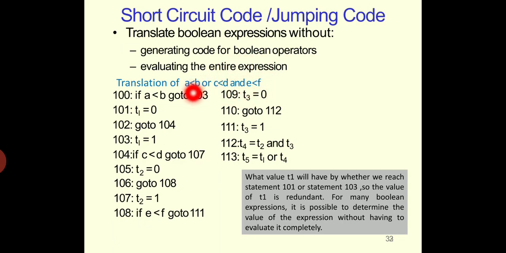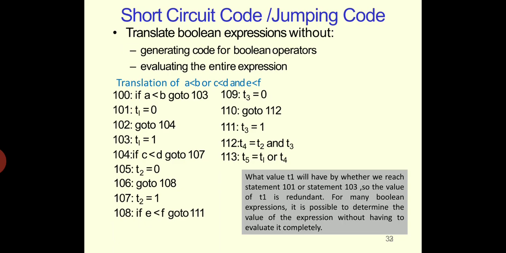If a less than b is 1, we can ensure that the value of the entire expression is 1, because in an OR operation, 1 or 0 is 1, and 1 or 1 is 1. So if a less than b is 1, it makes sure that the entire expression evaluates to true, always 1.